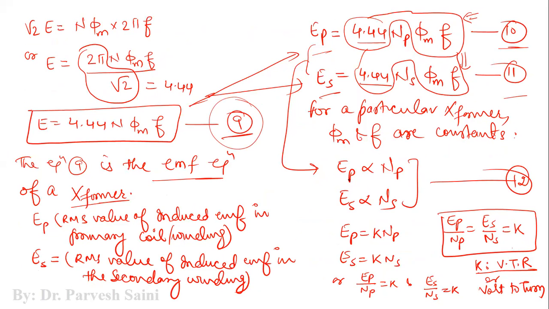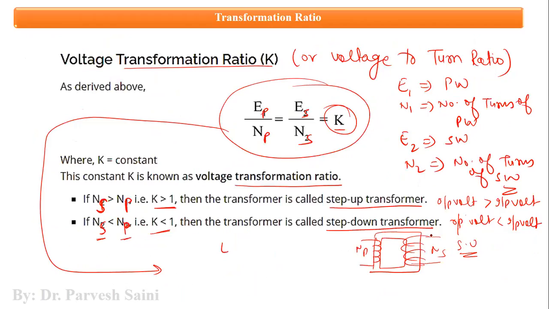So from here, we can say that the EMF induced in the primary winding, that means the RMS value, is proportional to the number of turns of the primary winding, and similarly the EMF induced in the secondary winding is proportional to the number of turns of the secondary winding. From there we have got one factor which we call the voltage transformation ratio or voltage to turn ratio, because this is voltage, this is turns, and this indicates whether the transformer is a step up transformer or step down transformer.